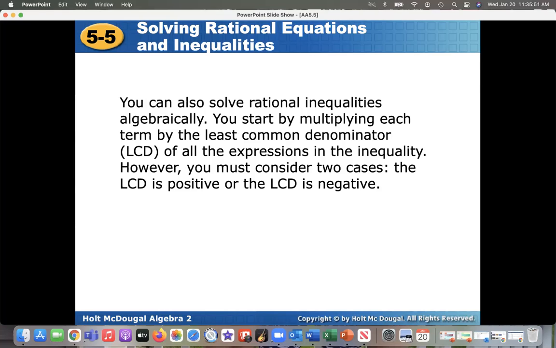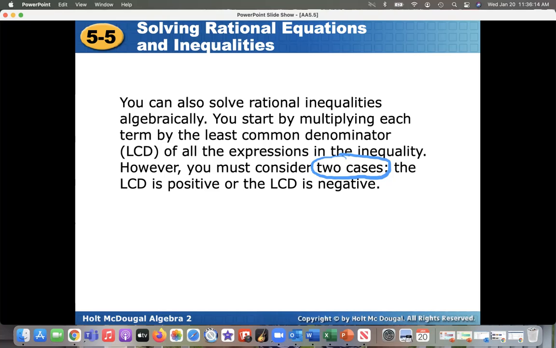We're going to solve these just like we solved algebraically, with one exception. When we solve these rational inequalities, there's going to be two cases. One is if the LCD is a positive number. The other is if the LCD is a negative number. Now, the reason we have two cases is this.